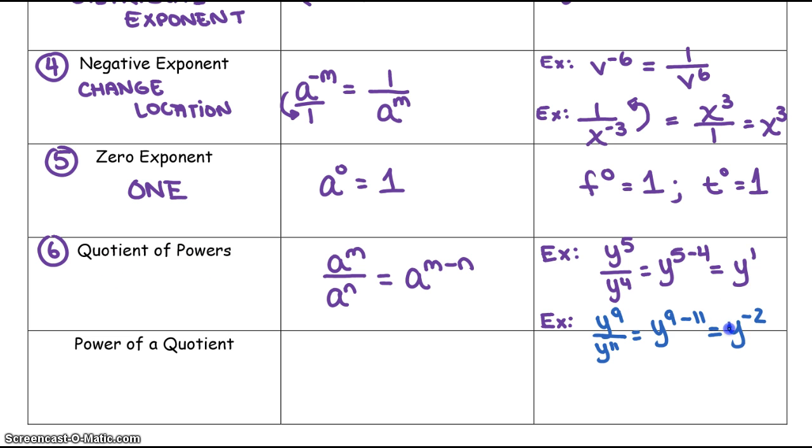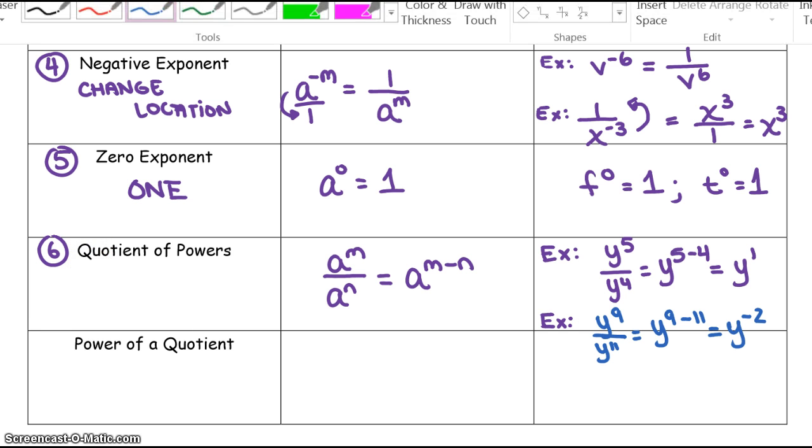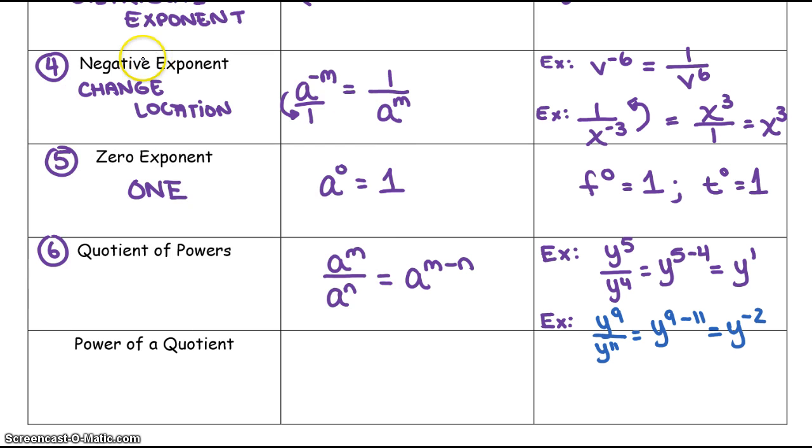So there could be times where you're going to have to use two of these rules to make sure that it's in a way that mathematicians would agree and enjoy and like, okay? So, but in this quotient of powers property, what we tend to do is subtract the exponents. I'm going to change my color back.